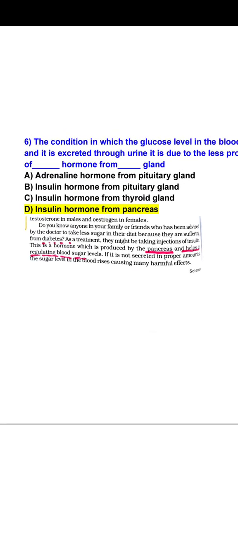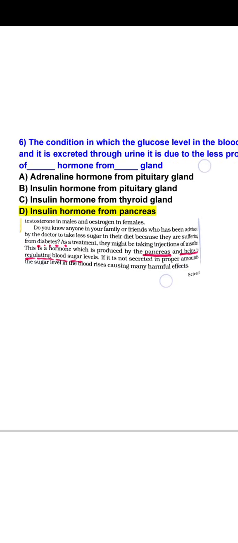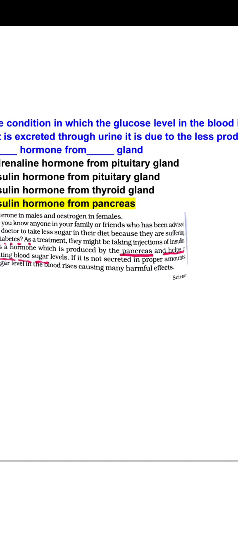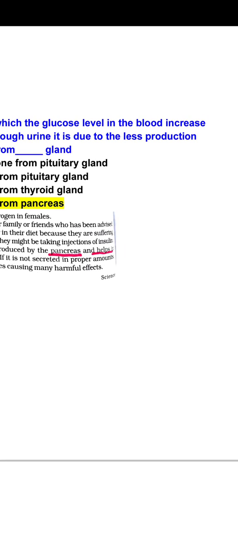Now the condition is actually diabetes. Now when a diabetic patient has a high glucose amount in the blood flowing, his kidneys will filter the glucose out and the urine will contain sugar. So when urine is tested, it will show the presence of sugar in it, as well as the blood having more quantity of sugar.